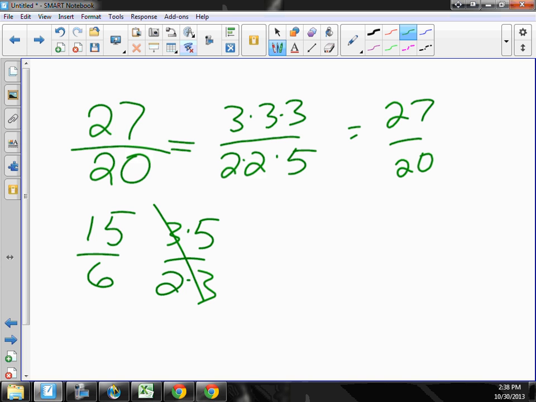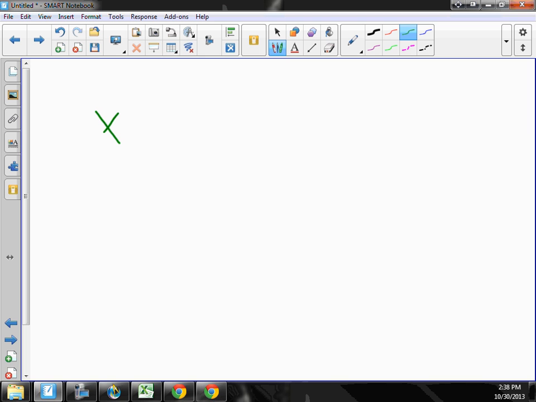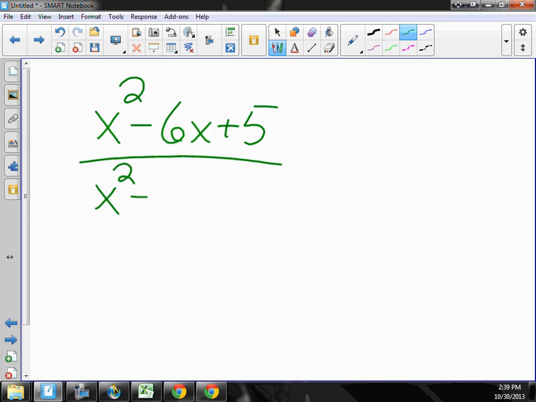Okay. What about x squared minus 6x plus 5 over x squared plus 7x minus 8? So all I have here are two quadratics, and I want to know, do they share any factors?